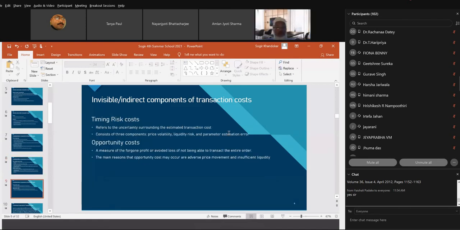Then the timing risk cost. This refers to uncertainty surrounding the estimated transaction cost and consists of three components: price volatility, liquidity risk, and parameter estimation error.